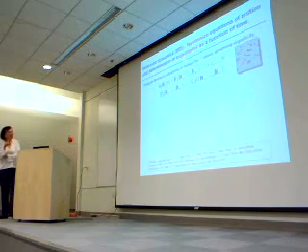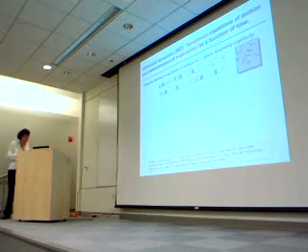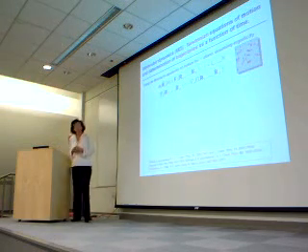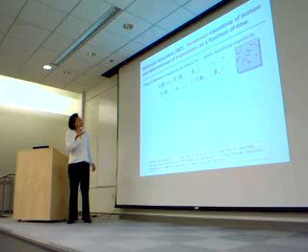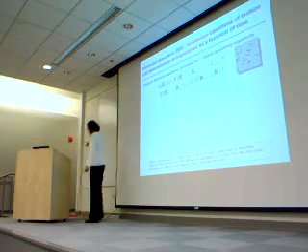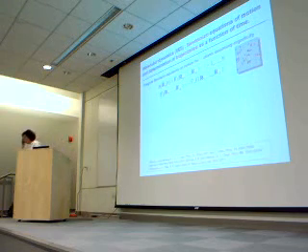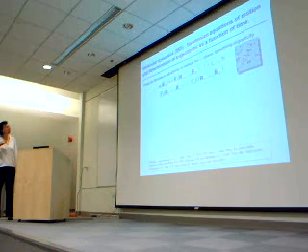Okay, so we look at a classical system of interacting atoms, ions, and what we want to do is solve numerically the equations of motion of the system, and the equations of motion are just given by Newton's second law, F equals ma.